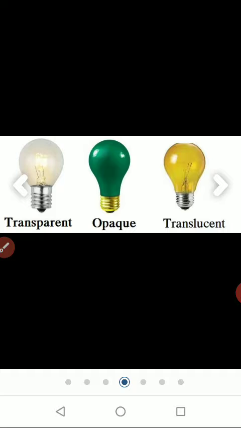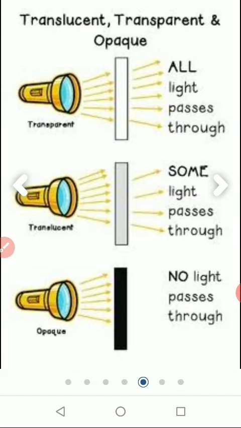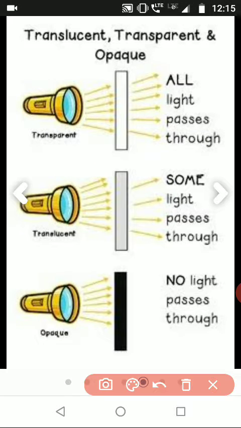This is an example of different types of bulbs on the basis of whether we can see the inner filament completely, partially, or not at all. So transparent, translucent, and opaque. So here is a representation of a transparent object.